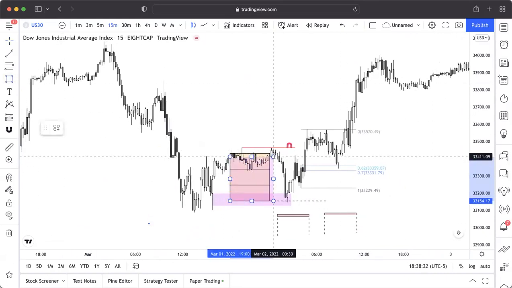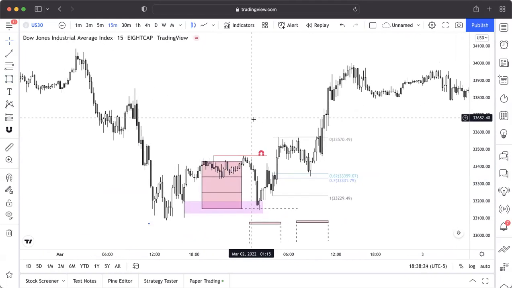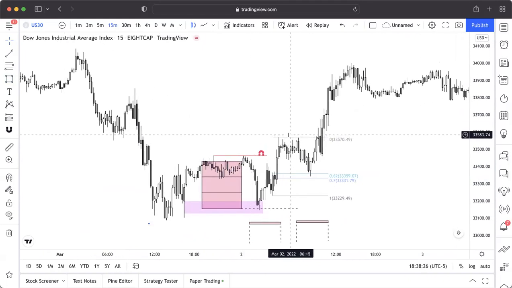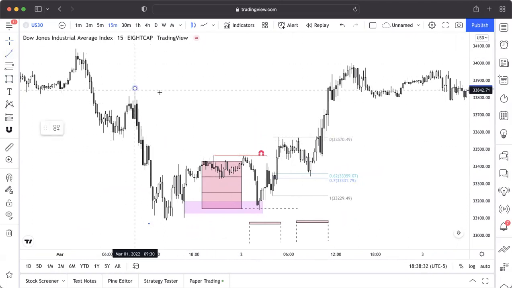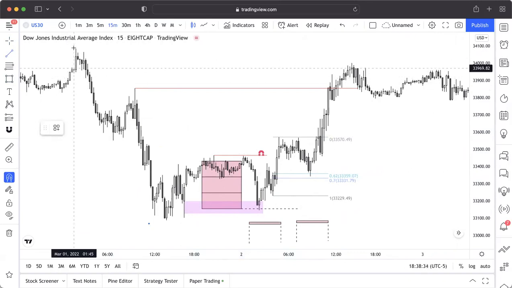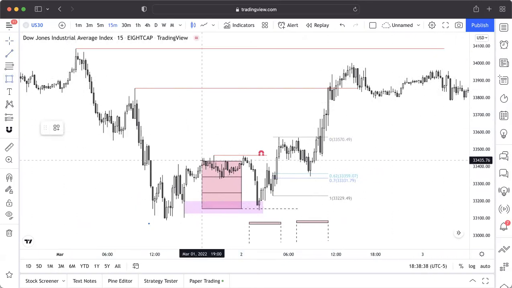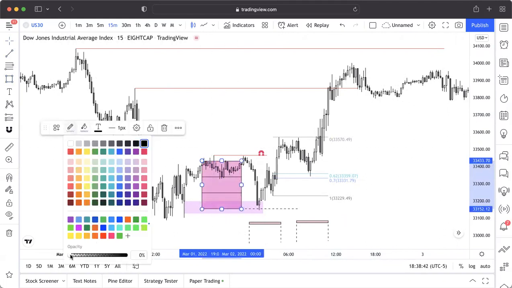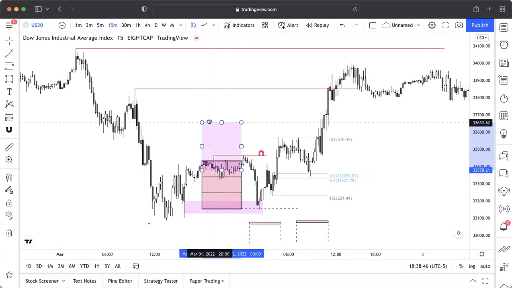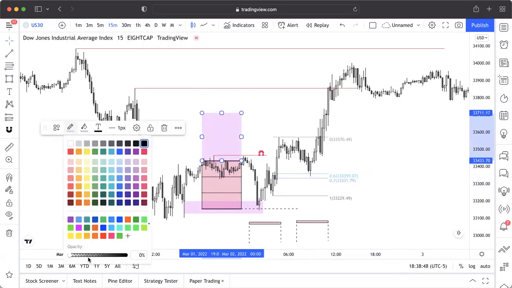You want to use the target, you can either use fib extension, which you might already know about, or you can use old highs or old lows as your target, or even better, you would be using standard deviation, and the standard deviation would be aligning with old highs and old lows.